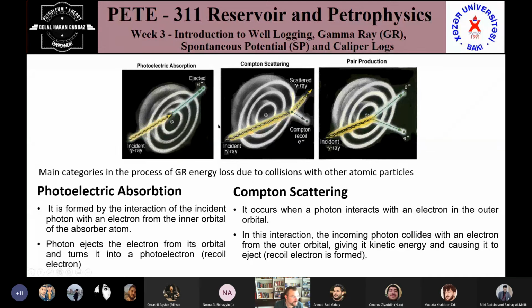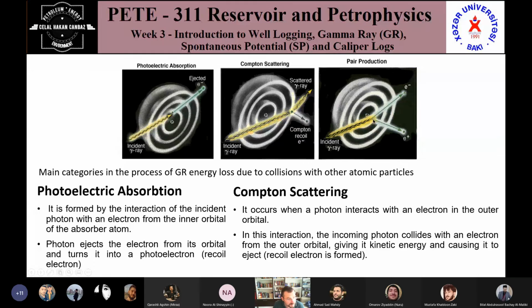Okay. In Compton scattering, in the outer orbital, the same thing happens. A scattered gamma ray and a Compton recoil electron, two different particles go out. If we are talking about pair production, what happens? The gamma ray collides with the inner orbital, and then an electron with a negative charge and an electron with a positive charge are produced.